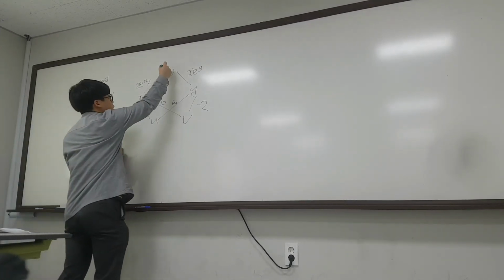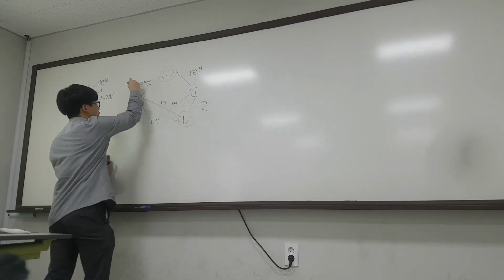So we have to solve dw dv, right? So we get this and this, and we multiply this way.